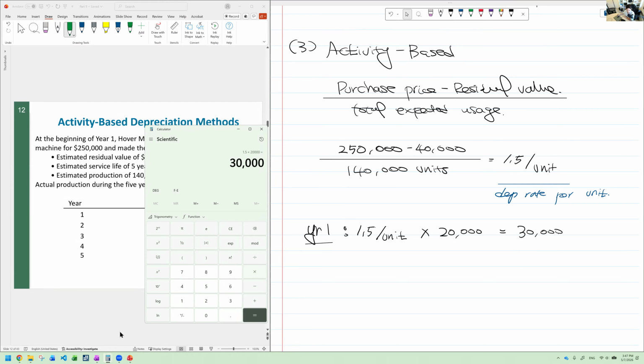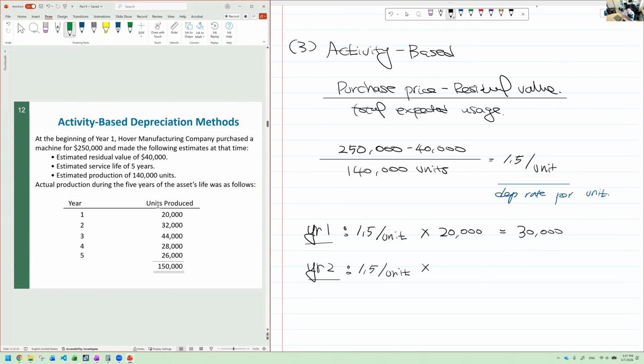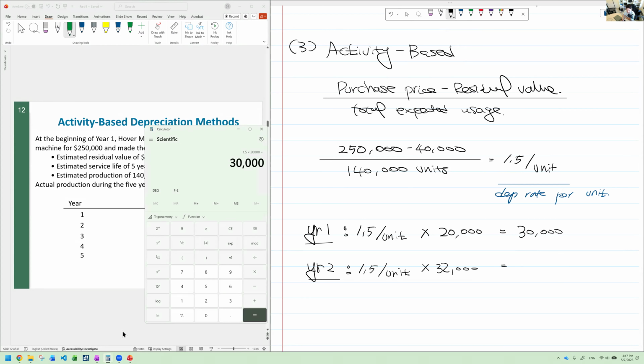$30,000. And then year two, the depreciation rate is $1.50 per unit. And then the actual usage for year two was 32,000 units. So that means the amount of depreciation expense that you record in year two is going to be 1.5 times 32,000, $48,000.